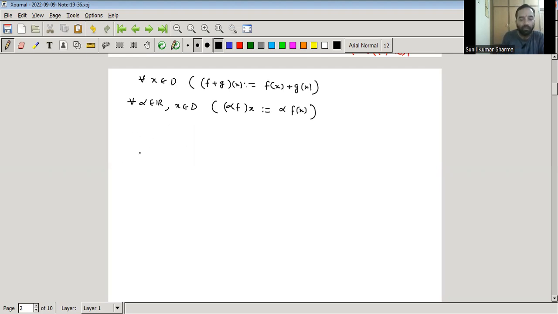Okay, so let us start to find the proof of the first part. Limit x goes to a, alpha f at x is equal to alpha into L. So before writing the proof of this part, let us start with some rough estimation.